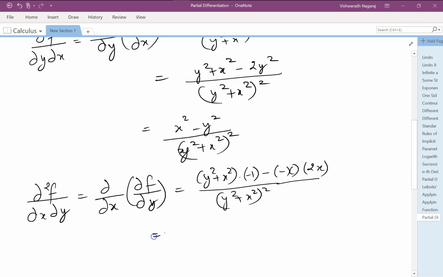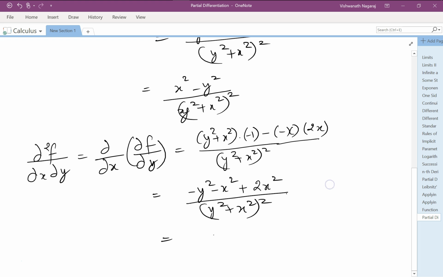And now it's just a question of simplifying it. Say minus y square minus x square plus, it is going to be 2x square by y square plus x square the whole square, and this would be x square minus y square by y square plus x square the whole square.